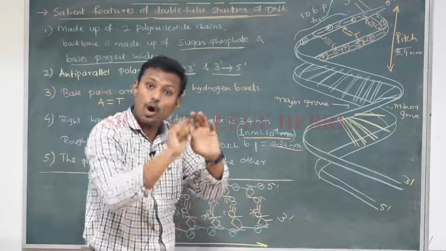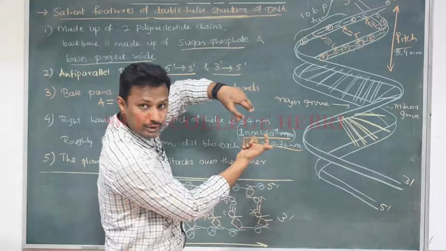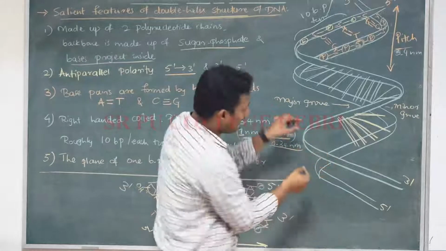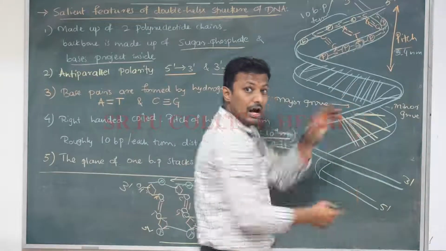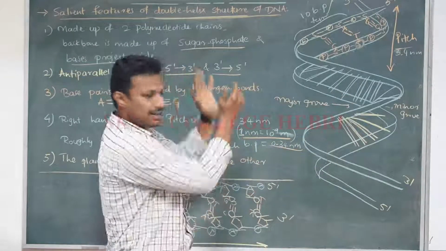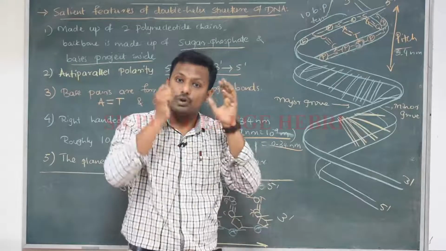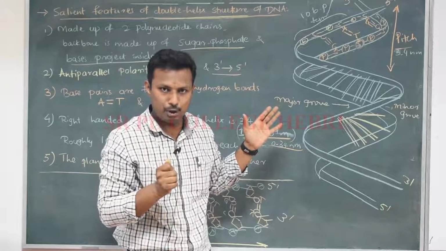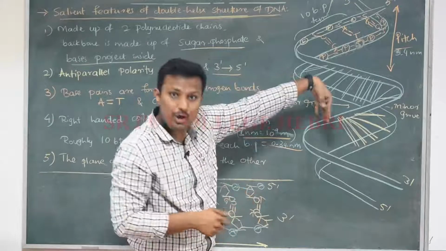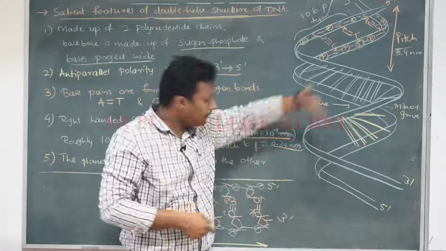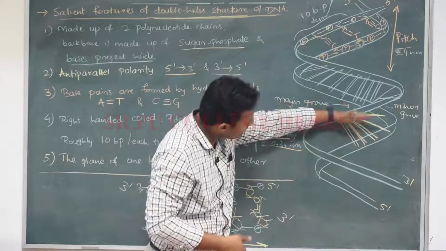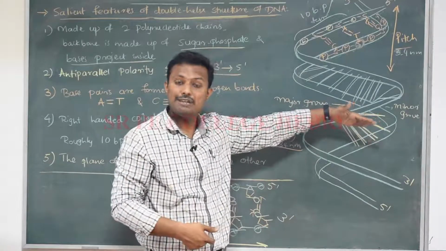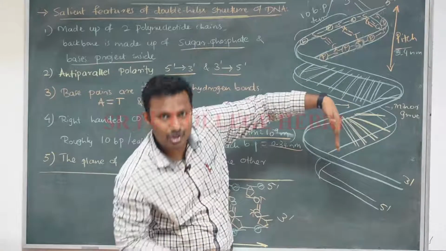See, because it is coiled, because it is twisted like this, the base pairs form hydrogen bonds. Because of hydrogen bond formation, there is a certain level of stability to the DNA molecule, because of the hydrogen bond. But also because of the twisting, this is one plane, this is another plane, this is another plane, the plane of each base pair will rest on the other one.